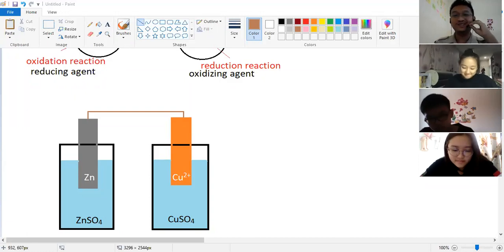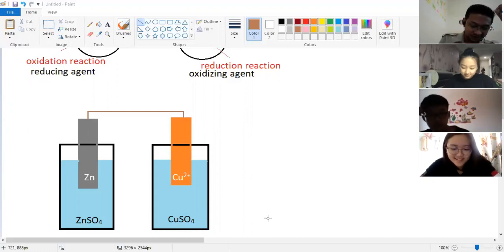It's Clara's. Clara is the first one. Thank you, Clara. Clara first mentioned that there will be flow of electricity from zinc to copper. So the point will be credited to Clara.